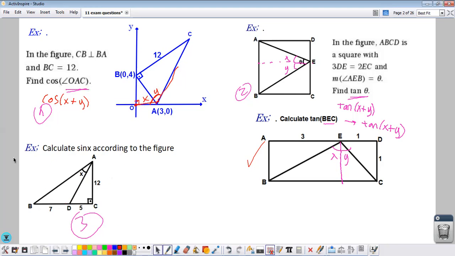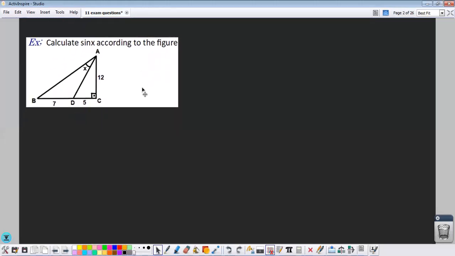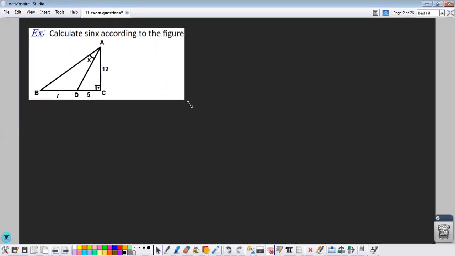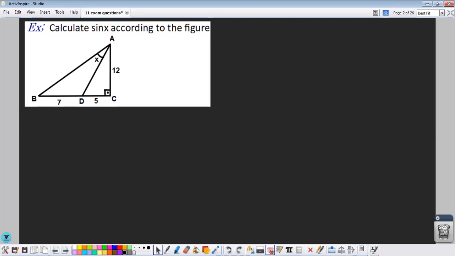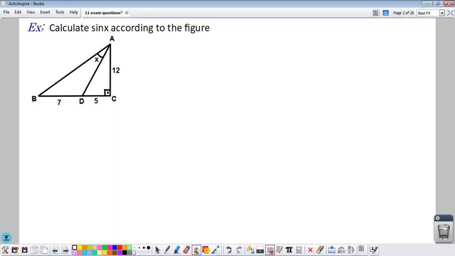Now, if you wanted me to solve this example once again, let's do that on another page. Now we need to find the sine x, so we need to express the angle which they are asking in here as a sum or difference of any two other angles which are related with right triangles. Right now we have a 90-degree angle and two right triangles over there.